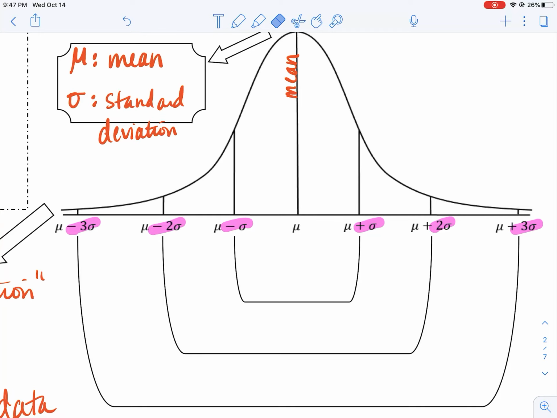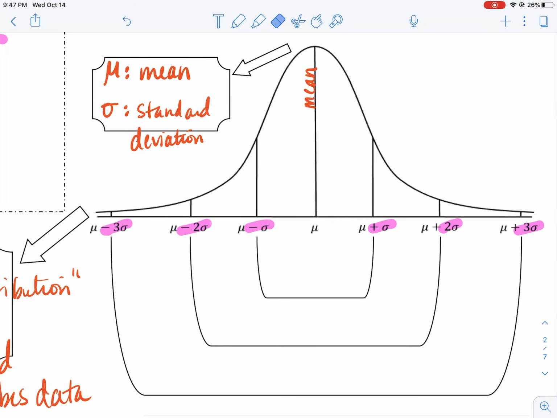The empirical rule is set up so that along with this idea of the mean and the standard deviations away, we know to be true that a percentage of the data lies between these standard deviations.